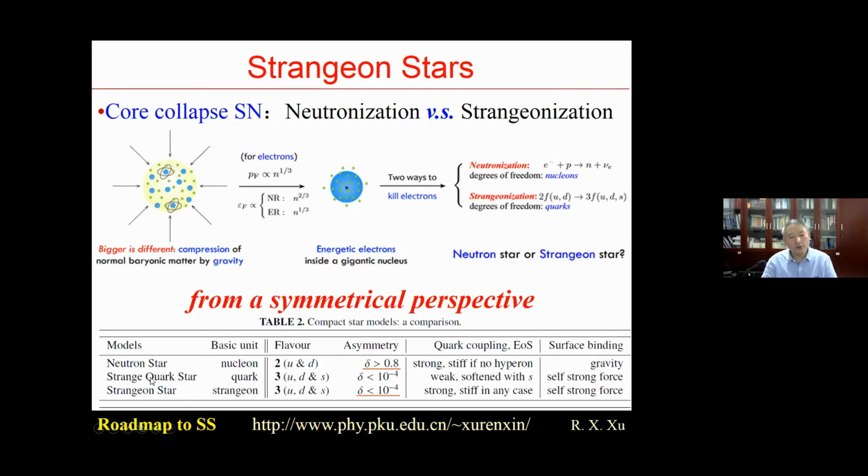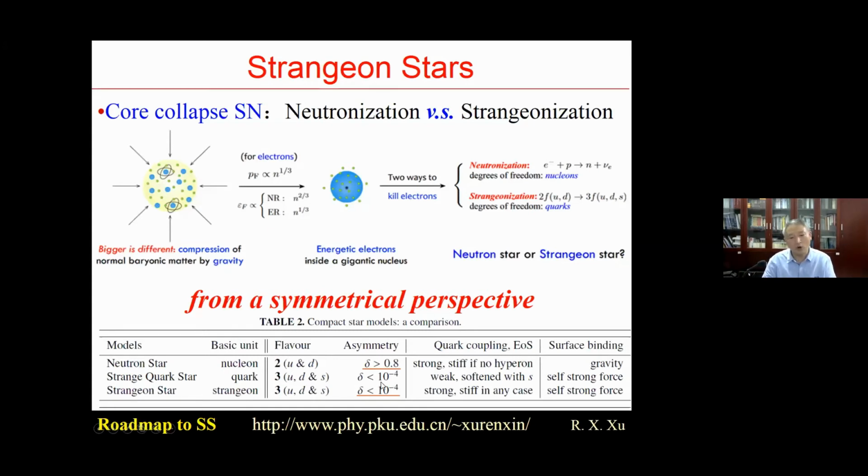But for strange quark matter and Strangeon matter, both of these two kinds of strange stars are in the regime of three flavors. So the dimensionless asymmetry factor is negligible.